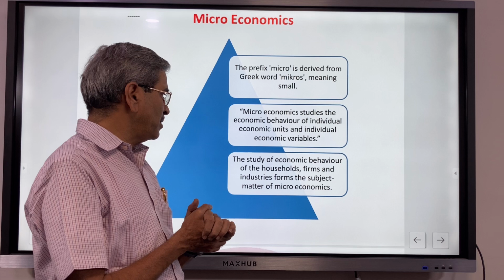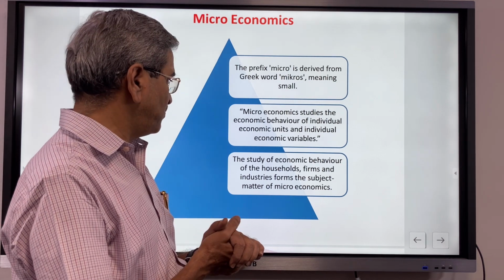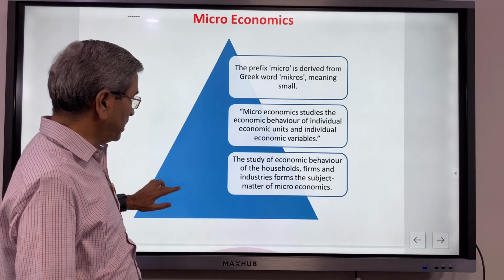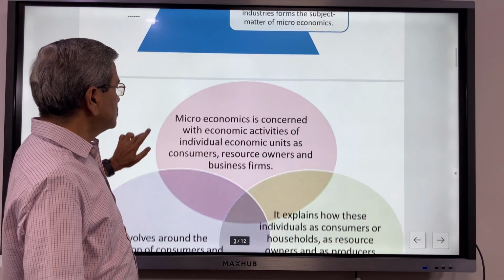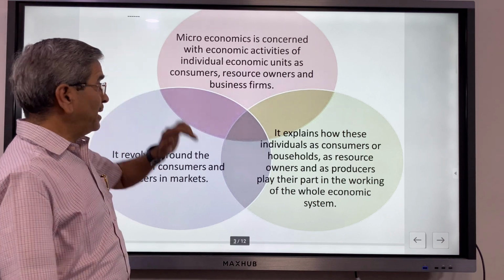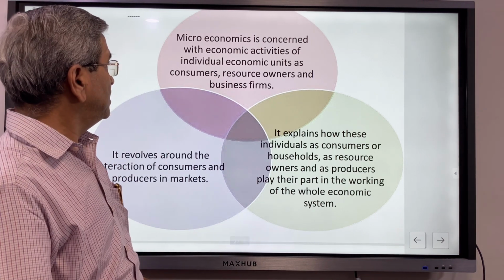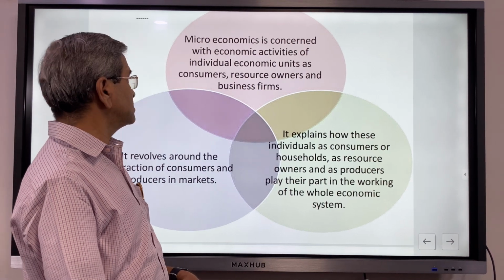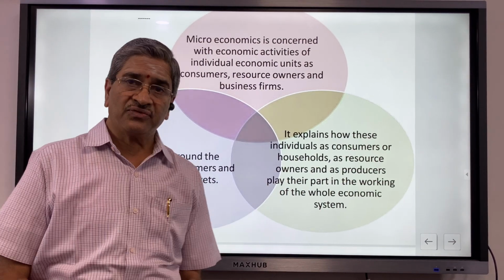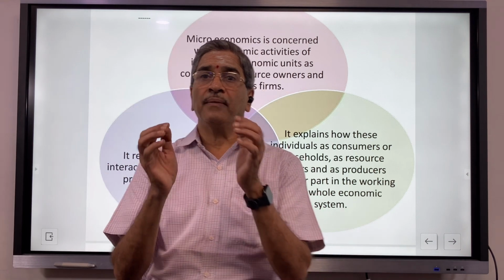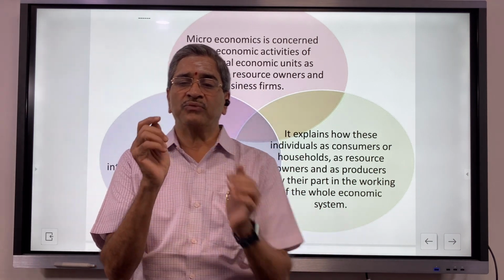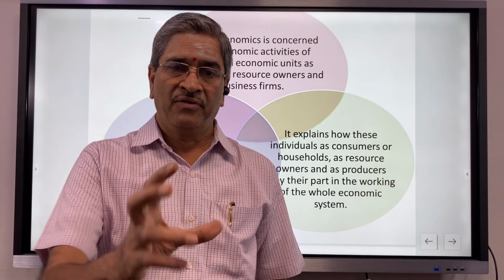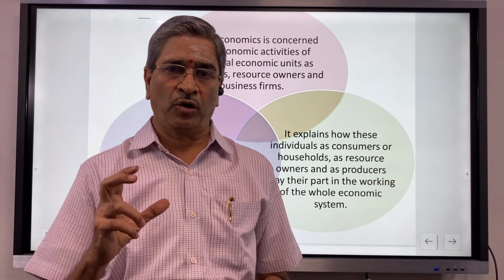The study of economic behavior of households, firms, industries forms the subject matter for microeconomics. Microeconomics is concerned with economic activities of individual economic units: consumers, resource owners, business firms. So you are always studying human behavior. Suppose one individual, how he behaves like a rational man, if you are studying that, it is called microeconomics.